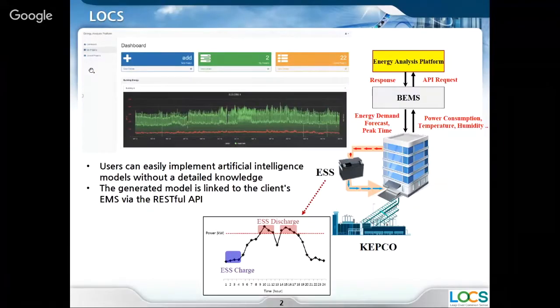Before I start the talk, I'll briefly explain what LOCS is doing. We use artificial intelligence to predict the energy demand and the equipment failures in buildings. And we build the energy analysis platform so that the existing EMS can provide the AI service to the client.